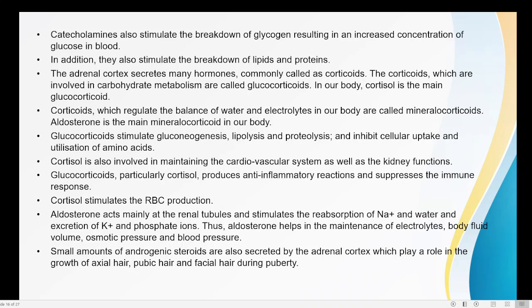So glucocorticoids also stimulate gluconeogenesis, lipolysis and glycogenolysis, meaning a process that produces glucose, and lipolysis means lipids will be splitting. Proteolysis means protein will be splitting into peptides and inhibits cellular uptake and utilization of amino acids. So the purpose of this glucocorticoid is to increase the level of glucose in your body.